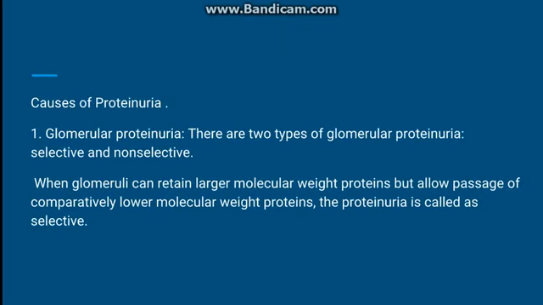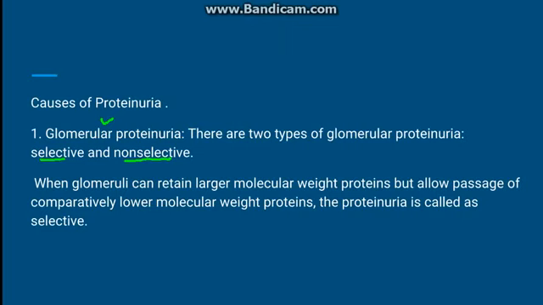In glomerular proteinuria, the cause is in the glomeruli, due to increased permeability of the glomerular capillary walls, and according to the course of the disease, it can be divided into two types. First is the selective and second is the non-selective. What is selective proteinuria?